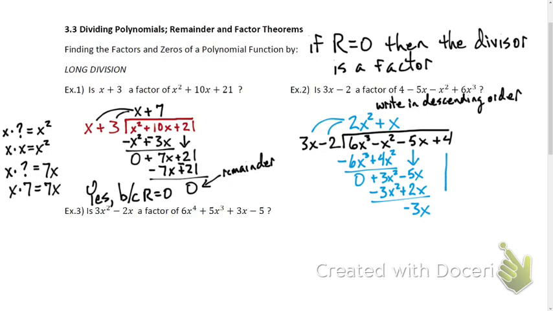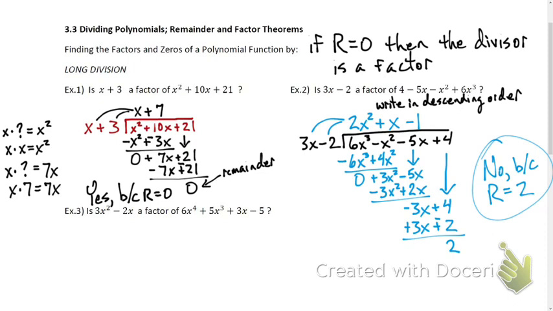Drop the 4 down. 3x times something gives me negative 3x. It's a minus 1. So I distribute. Flip the signs. And I get a remainder. My answer here is no, it is not a factor because R equals 2.